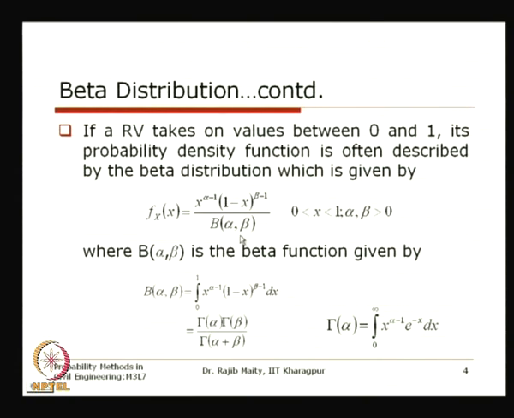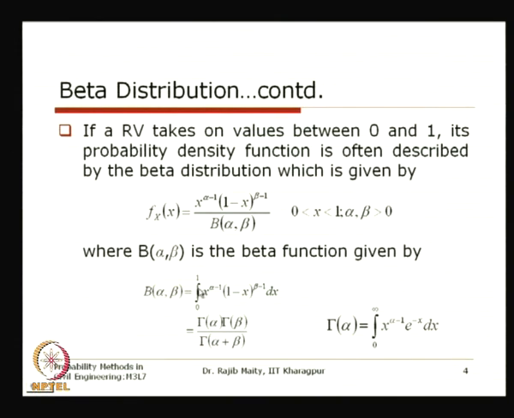Now, the beta function that we are talking about is an integral of the form x power alpha minus 1 multiplied by 1 minus x power beta minus 1 dx. This integral form is known as the beta function with parameters alpha and beta.